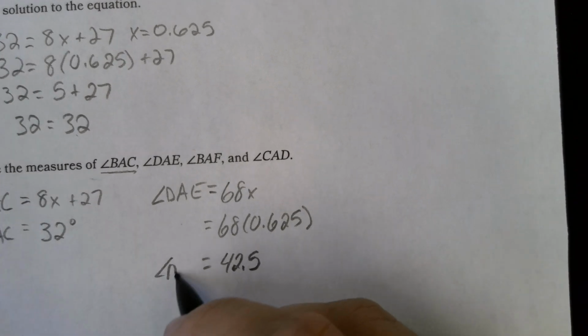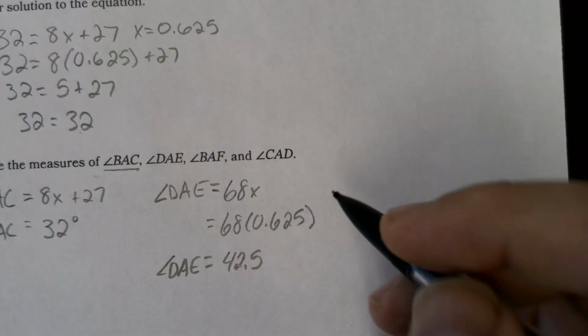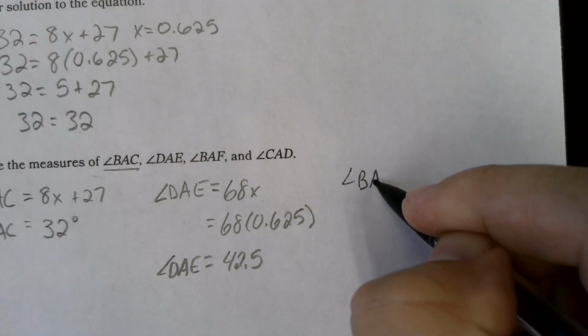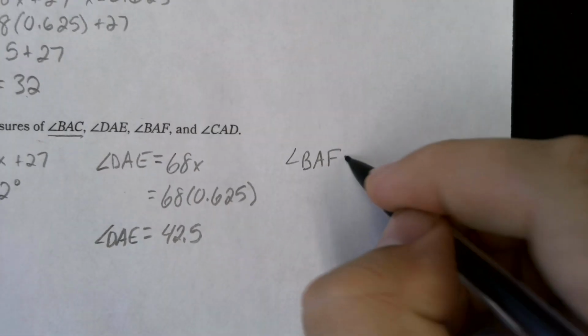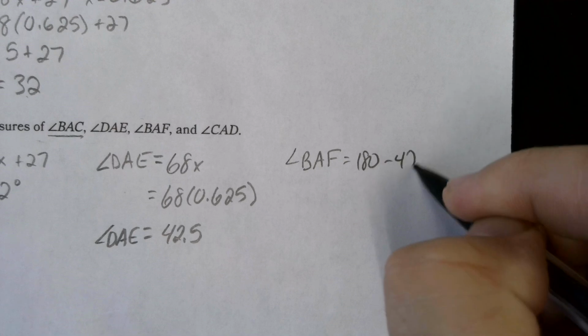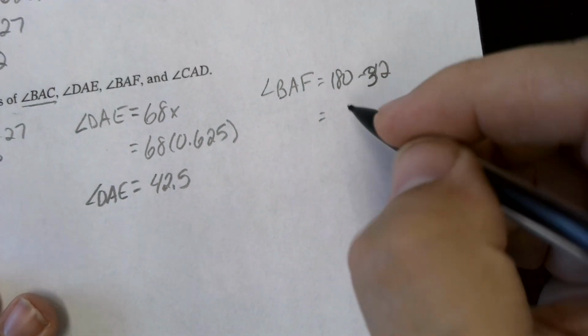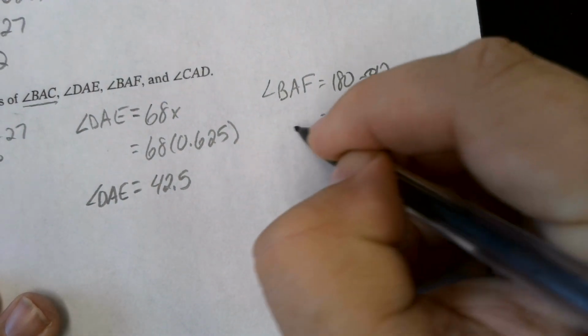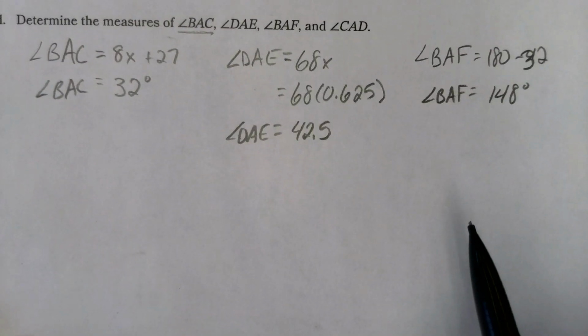So DAE is 42.5. The next one we want is BAF. We've already figured that out because we did 180 minus 32, which gives us 148 because of the supplementary angles.